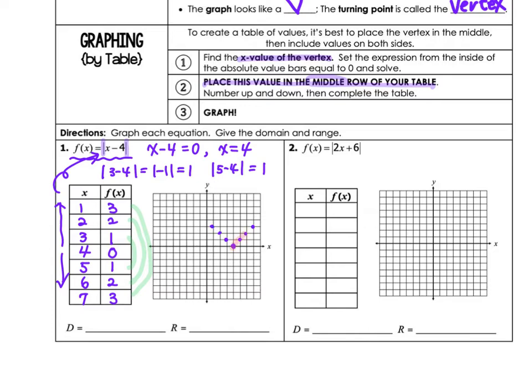Now connect those points and it will come out as a V shape as well. So let's find the domain and range. Domain should be all real numbers, and range is greater than or equal to 0.